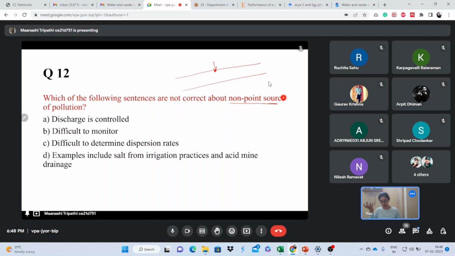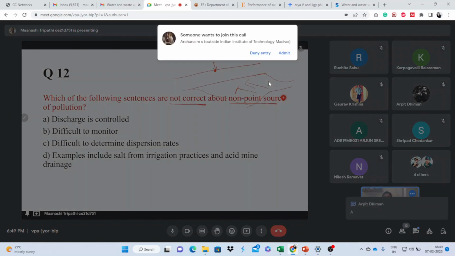And if we say this is the river, pollutant is coming from somewhere in a big area, then this is non-point source. So, which of the following sentences are not correct about non-point source of pollution? You can answer the question in the chat box. Discharge is controlled, difficult to monitor, difficult to determine dispersion rates. Examples include salt from irrigation practice and acid mine drainage.